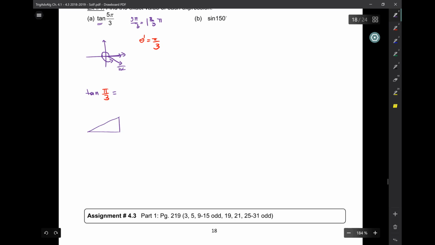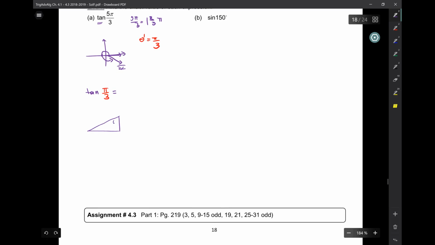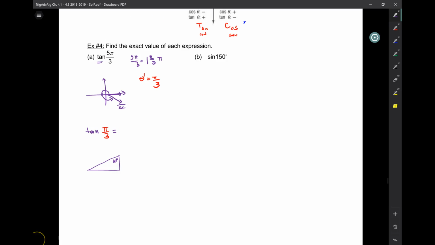Okay, so let's talk about pi over 3 and pi over 6, right? Let's talk about how much that is in degrees. How much was pi in degrees? 180. Divided by 3, how much would that be in degrees? 60 degrees.